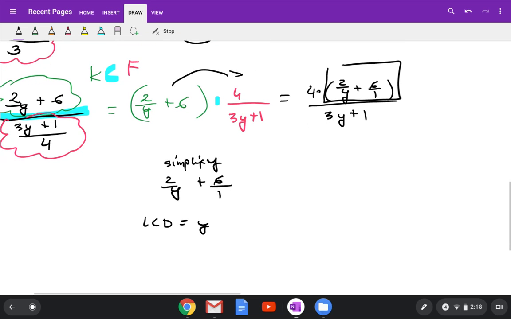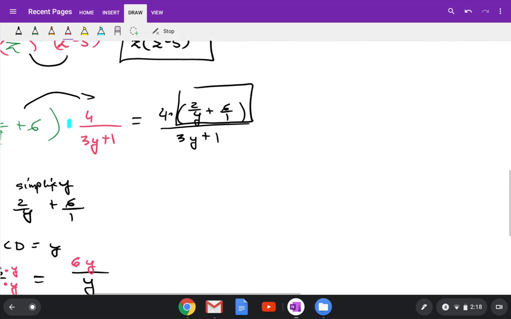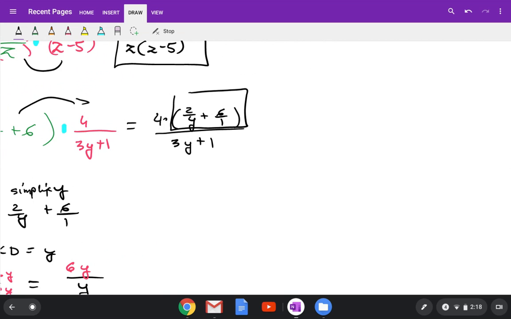So you want to rewrite 6 over 1 to have y as a new denominator, which means multiply top and bottom by y. And we'll end up with 6y over y. So in parentheses, we're having 4 times 2 over y plus 6y over y.